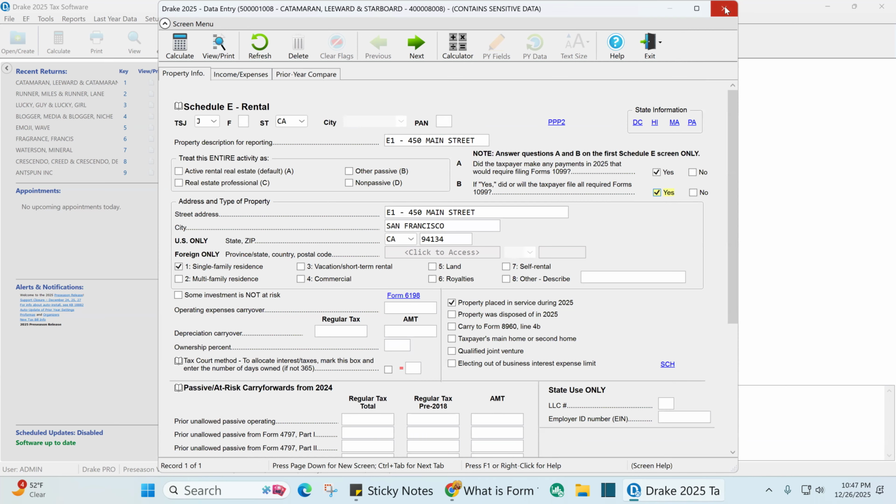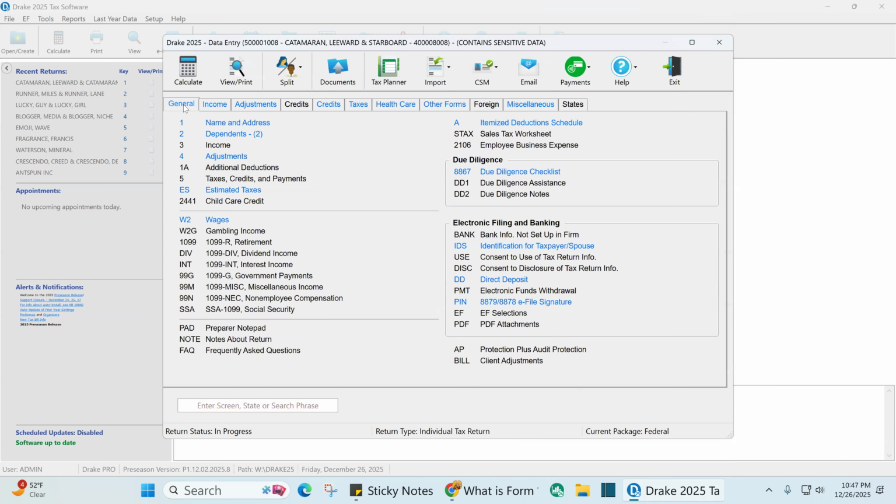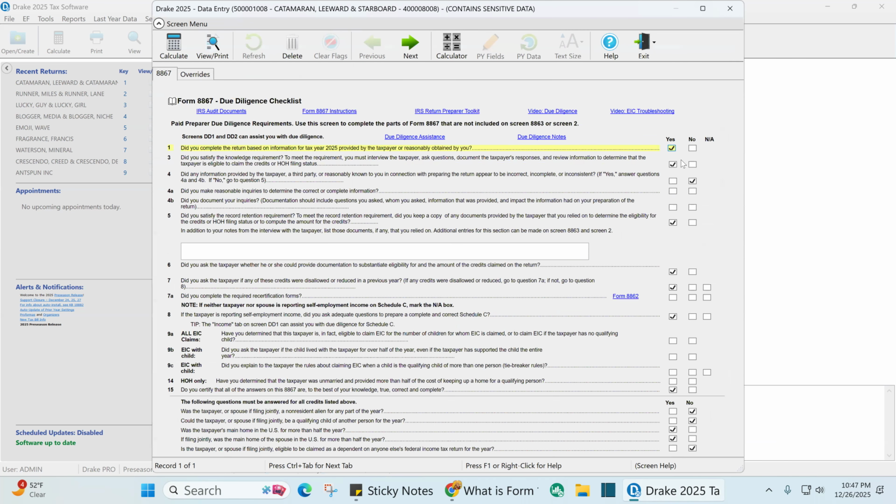And then you go back to here, get out from here, go to General, go to the far right side, right here. Now you need to answer those questions. Each and every question, if you don't answer them, there's a $500 penalty. Now this is a double negative. Appear to be incorrect, incomplete, and inconsistent.